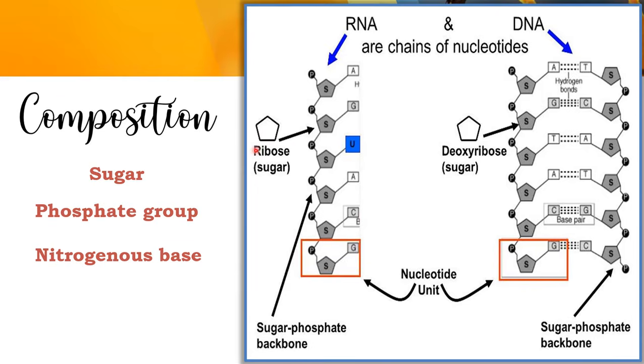Ang tawag sa sugar ng RNA ay ribose. Para naman sa DNA, we have deoxyribose. Ang sugar at phosphate ang nagsisilbing backbone ng RNA at ng DNA. Ito ang composition ng DNA and RNA.